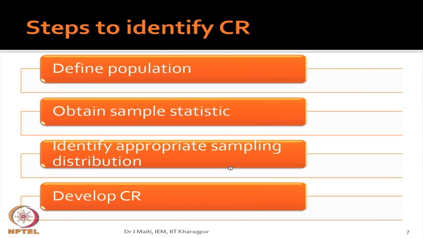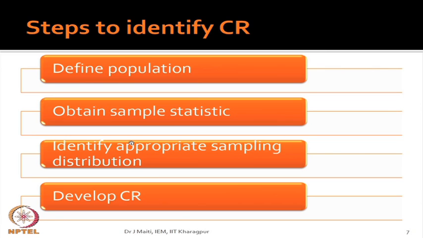What are the steps you have to follow to identify or define a confidence region? First you define the population, definitely we are considering a multivariate normal population, so our things become easier. Then you find the sample statistic and identify the appropriate sampling distribution.